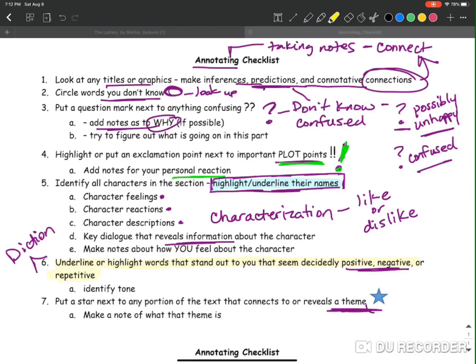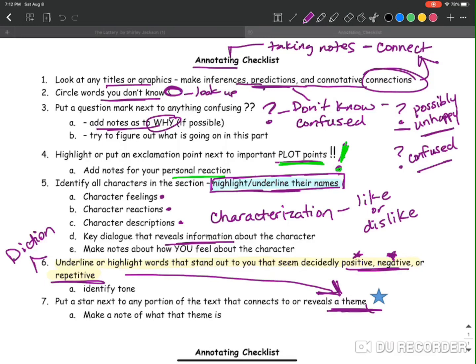Repetition is also extremely important. Anytime the author repeats, especially a word or a phrase, it's very important. He wants you to remember it. He wants it to stand out. And it very often connects to theme. Okay? So it is important that you pay attention to repetition and the idea of whether or not he's looking at something positively or negatively.